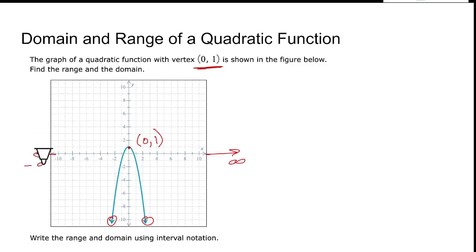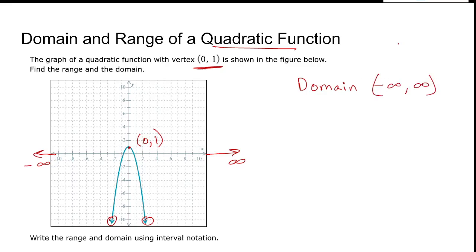So the domain for every quadratic function is going to be negative infinity to infinity, all real values.